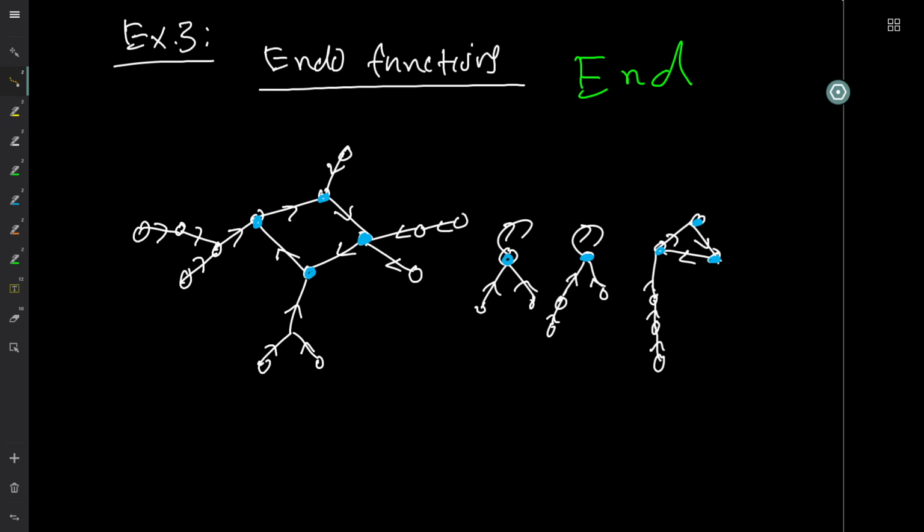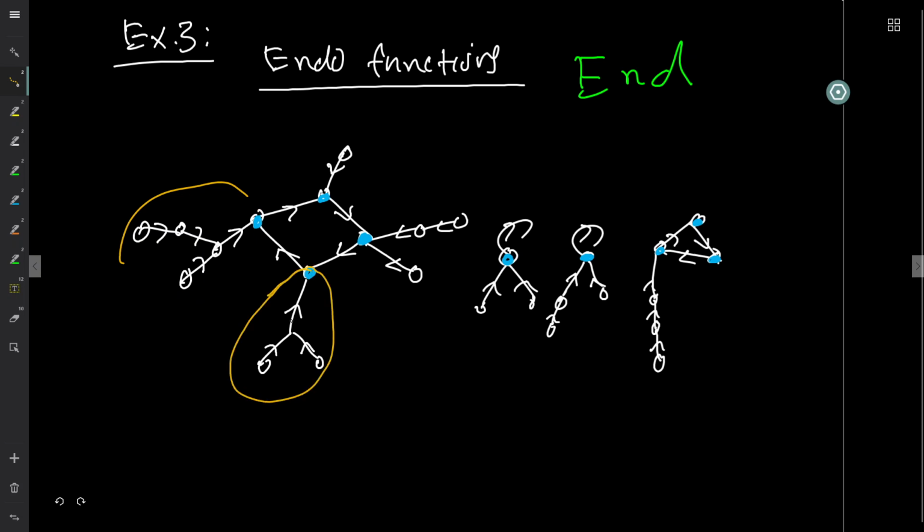Okay, so it turns out that if you look at each of these, this one is a rooted tree because all the arrows are going to this vertex from this part. Similarly, each vertex in the cycle has the property that it is the root of some rooted tree.